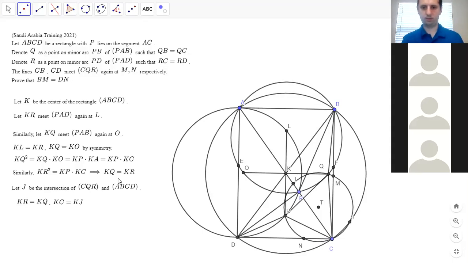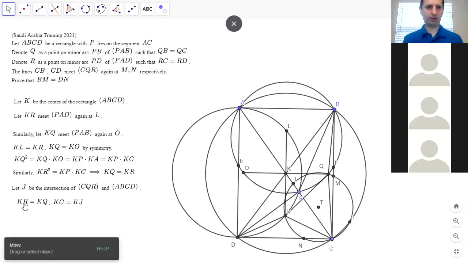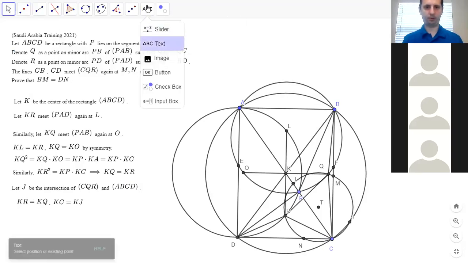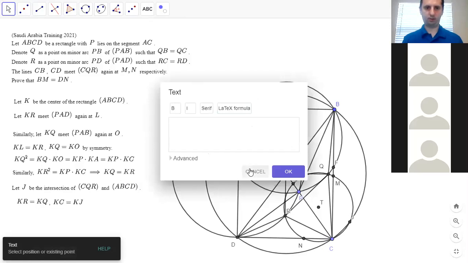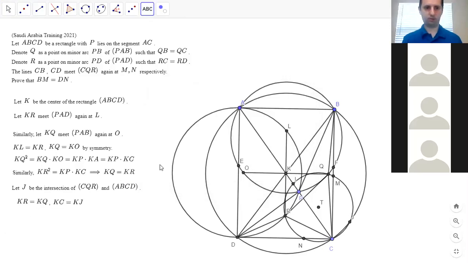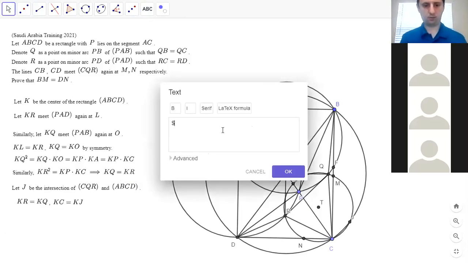Therefore, RQ will be parallel to CJ, and so CR will be equal to JQ. So we have KT is perpendicular to CJ, since K and T are both centers of circles.